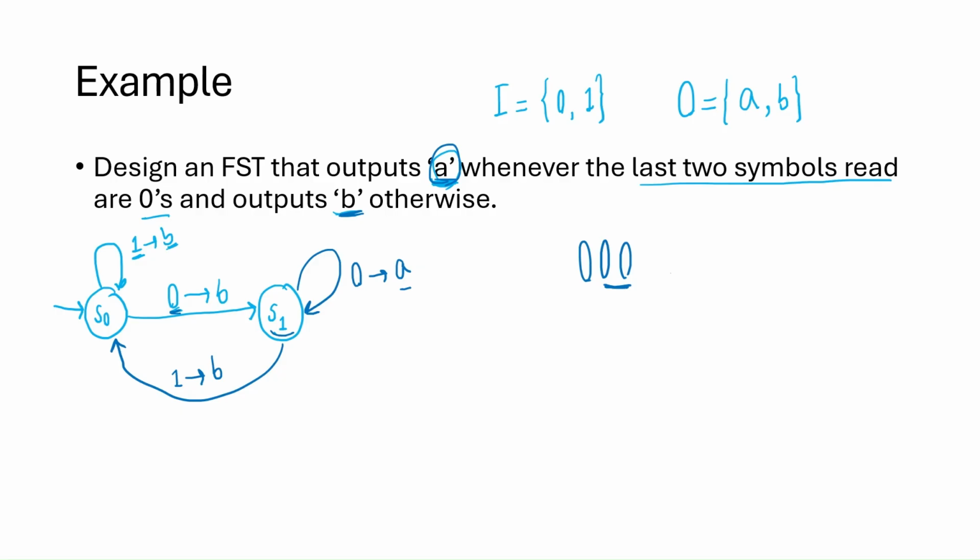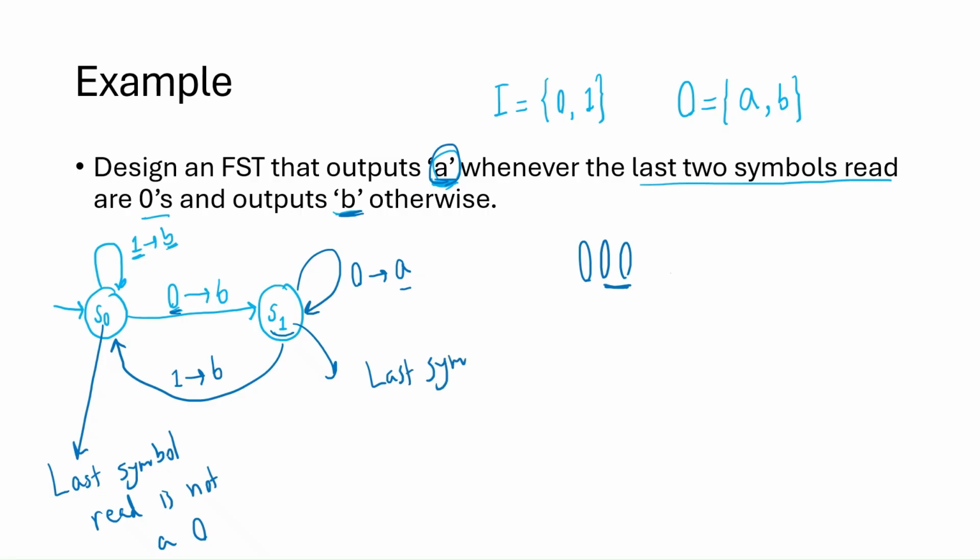Now, one thing that might help in designing these, besides practice, is naming these states in a better way. Instead of calling them S0 and S1, I can say S0 is the state where the last symbol read is not a 0, and S1 is the state where the last symbol read was a 0.